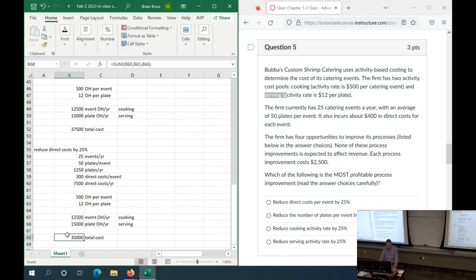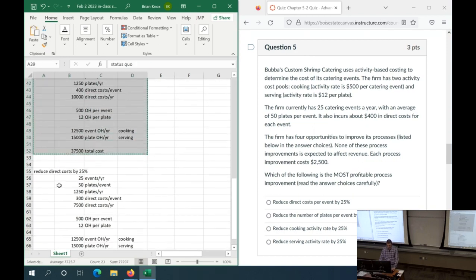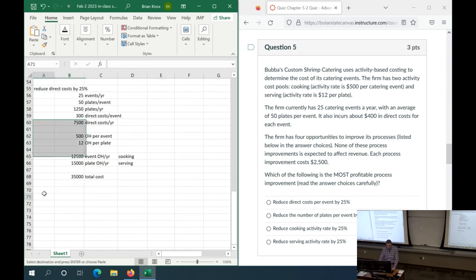Our total cost is $35,000. Looks like that improvement saves us $2,500 from the status quo, which oddly enough is actually how much that improvement would cost us. Each of the improvements cost us $2,500. So it breaks even. Congratulations, improvement number 1. It doesn't actually save us anything because it just barely breaks even. I bet the others will save us more.